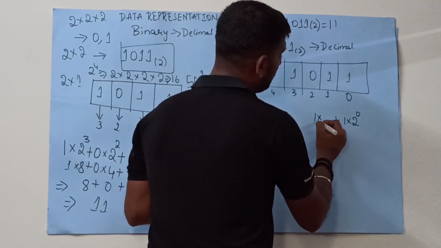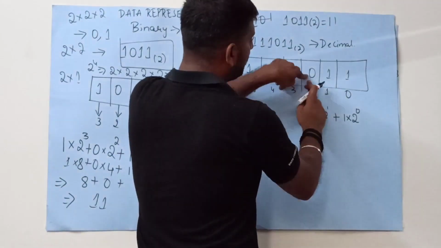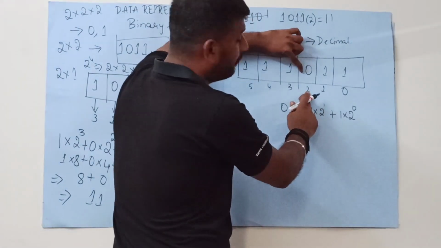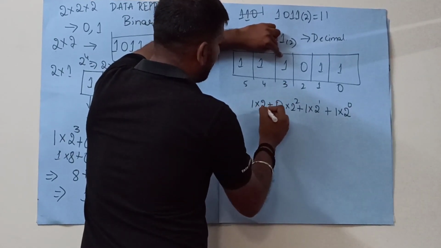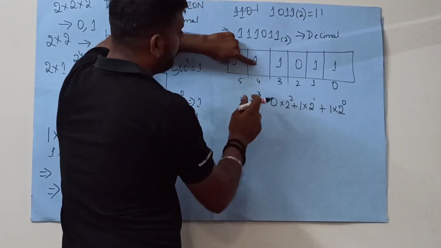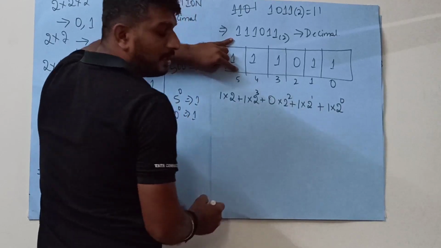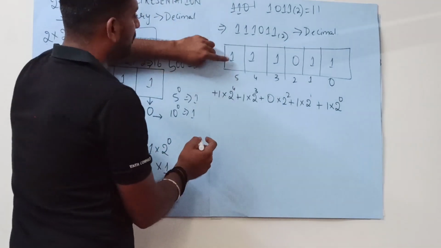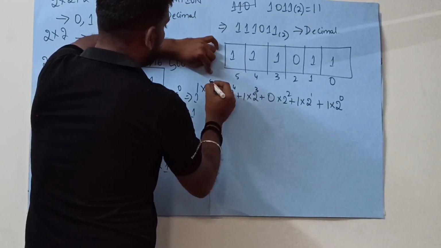Next 1 into 2 to the power of 1, plus 0 into 2 to the power of 2. Next the digit is 1, you multiply it with 2 to the power of 3, plus the next digit is 1, multiplied with 2 to the power of 4, plus the next digit is 1, multiplied with 2 to the power of 5.